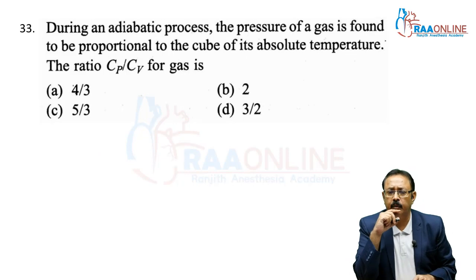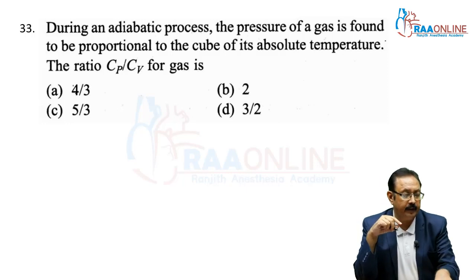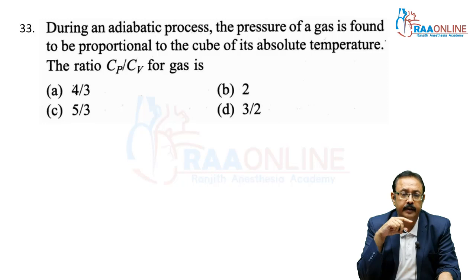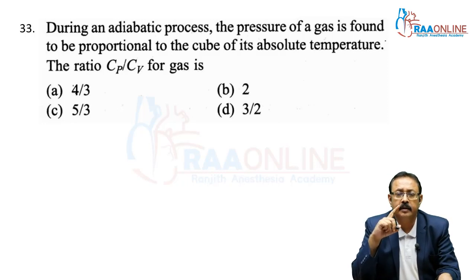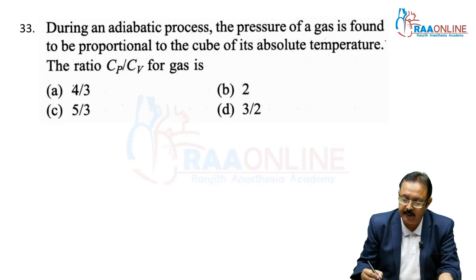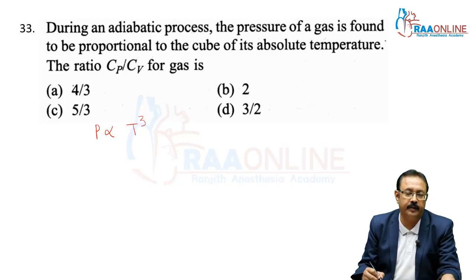During an adiabatic process, the pressure of a gas is found to be proportional to the cube of its absolute temperature. What are they giving in this problem? They are saying during an adiabatic process, the pressure of a gas, P, is proportional to the cube of its temperature, T raised to the power 3.